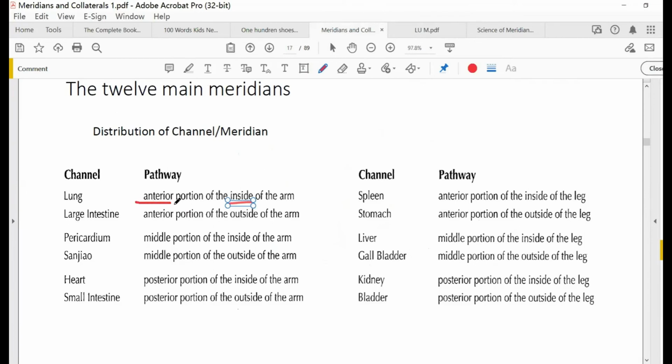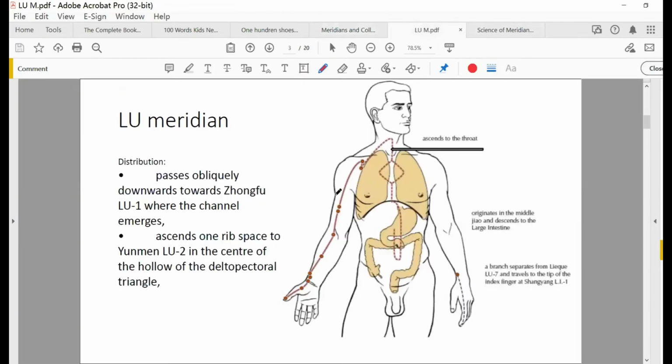Anterior portion of the inside of the arm. So anterior portion. So that means that's the anterior portion. That's the middle.